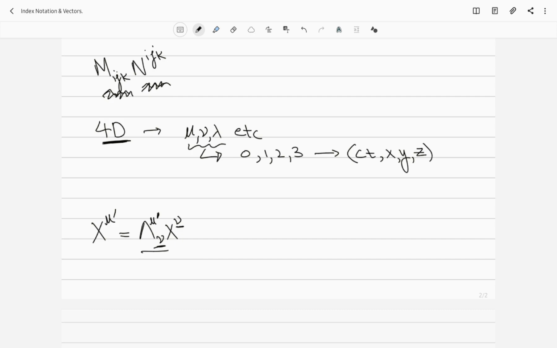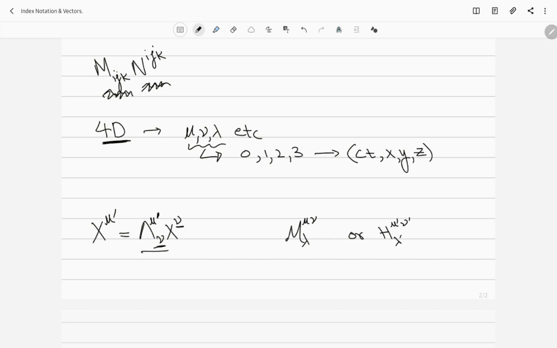Any other object will have either all primed or all unprimed indices. For example, you could take this object, mu nu lambda, with all unprimed indices, or you could have some object that has all primed indices.